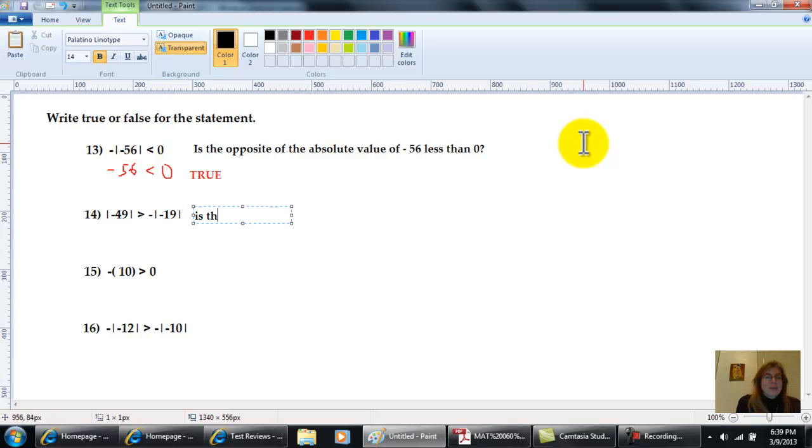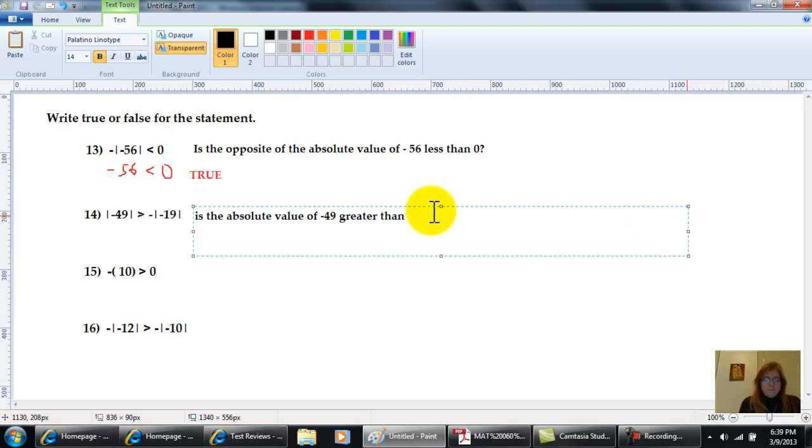So is the absolute value of negative 49 greater than, now let's do this, so greater than the opposite of the absolute value of negative 19.